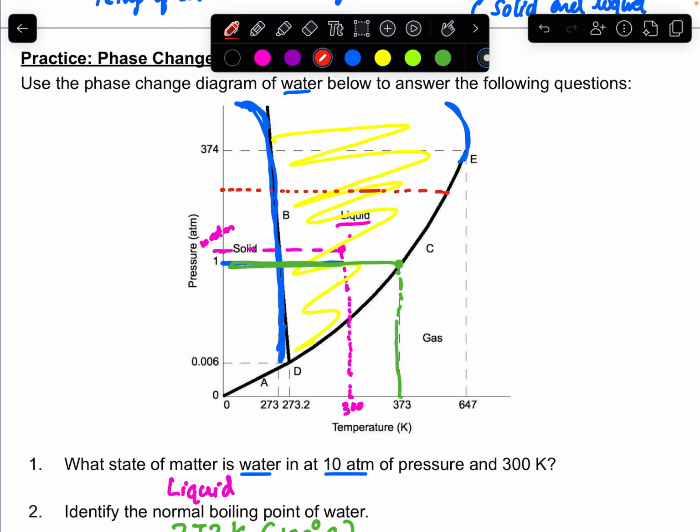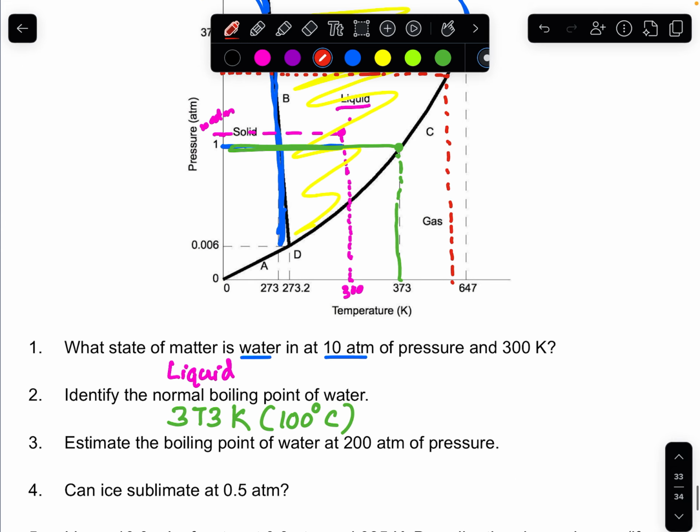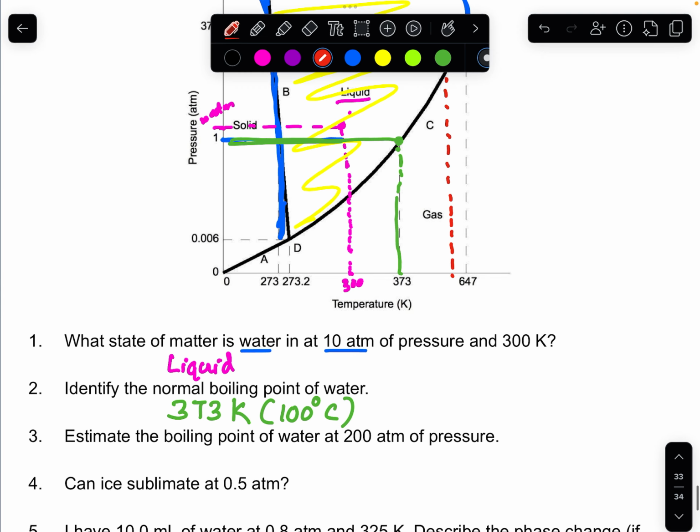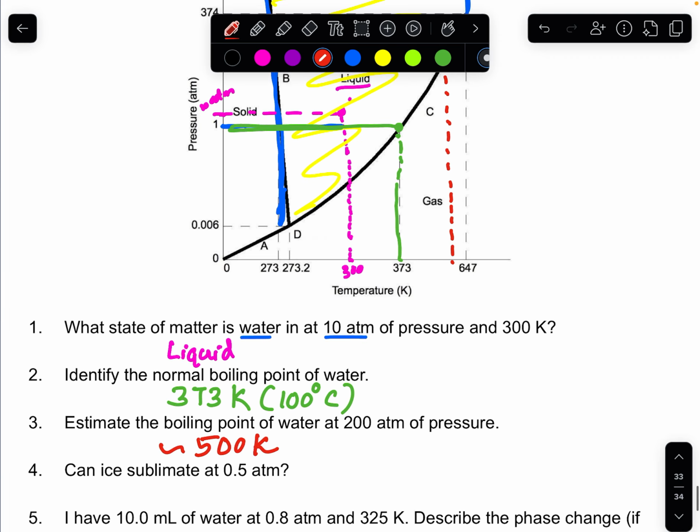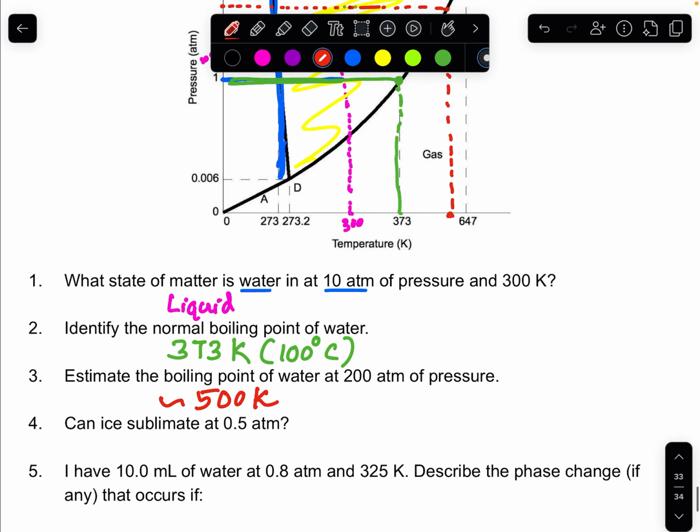Okay, right? So then what will be the temperature there? We can say approximately 500 Kelvin. So boiling point is increased because pressure is increased.